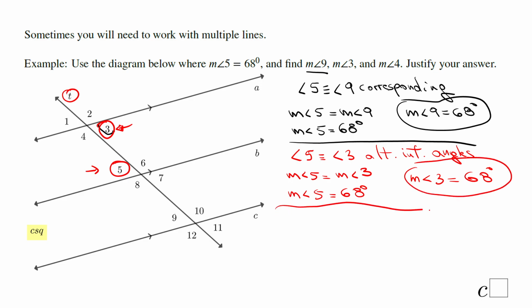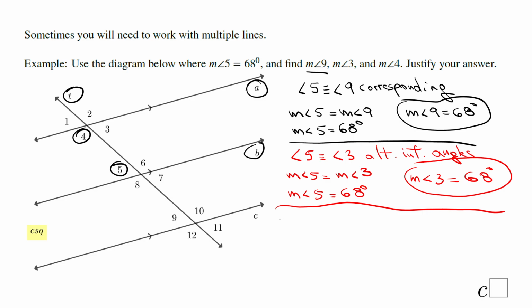And we have one more in this problem, which is the measure of angle 4. Let's take a look at angle 4, and since we want to be consistent, let's go with angle 5. Any relationship between angle 4 and angle 5? We notice we have the same transversal T. These 4 and 5 bring us A and B only, ignore C. You notice both are between the lines, so they are interior angles and on the same side of transversal T. We call them consecutive interior angles or same side interior angles.